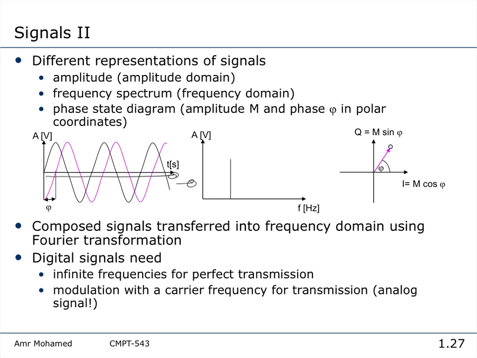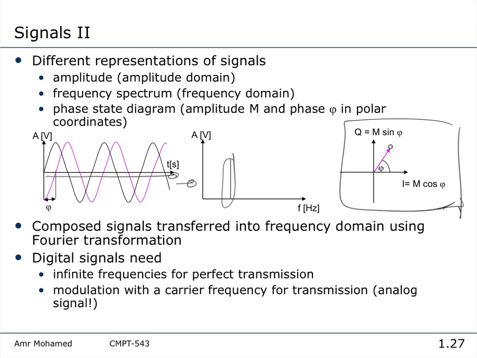In the frequency domain, the sine wave can be represented using one impulse. So if I have multiple sine waves, I can have digitized or discrete impulses to represent these different sine waves. This visual representation, unless you have taken Network 2 or any previous wireless communication course, is called the IQ diagram.